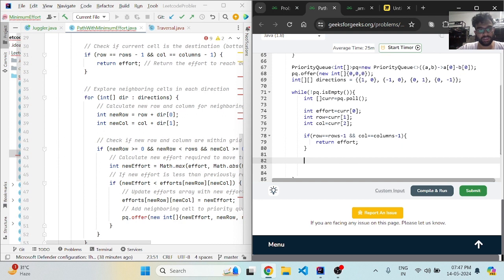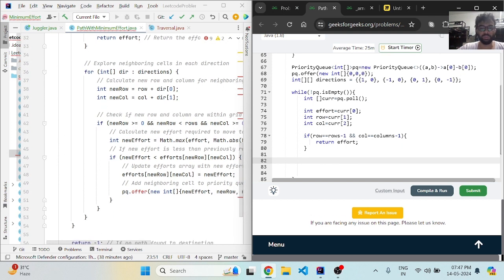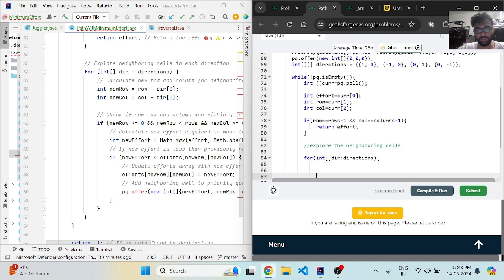When the if condition is done, I can explore the neighboring cells. I've never put a comment over here, but I will, because it's important: explore the neighboring cells. In the exploration, I'm going to traverse through the loop like this: for int direction in directions, which is pointing to the 2-dimensional directions array which I've created.